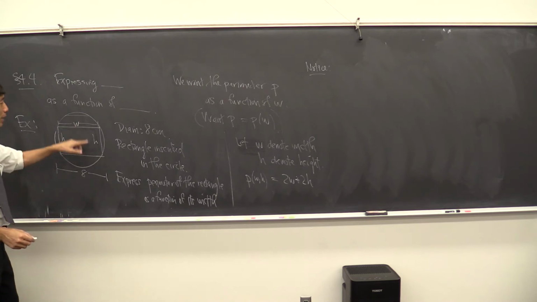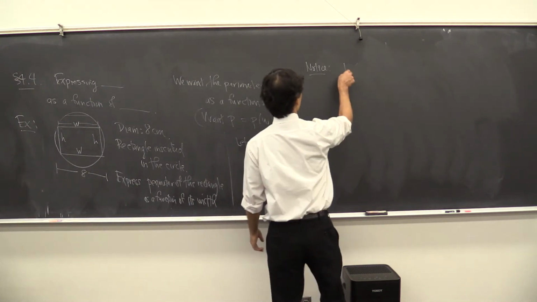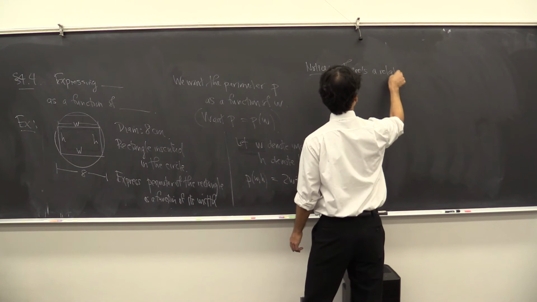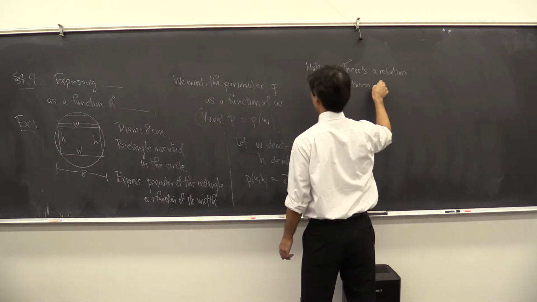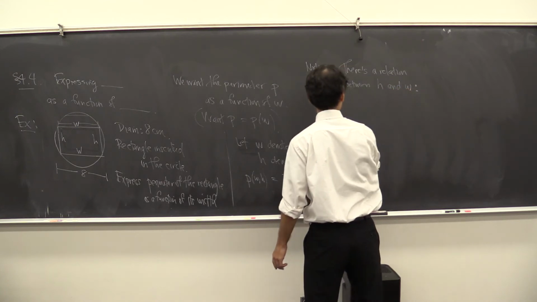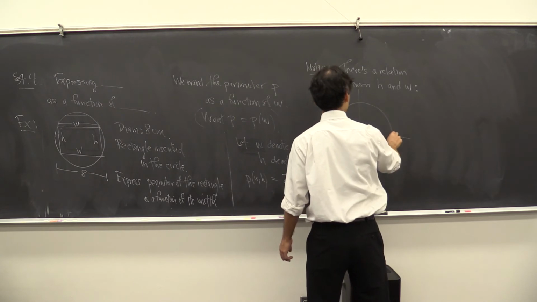So H is actually realizable in terms of W. So you notice that there's a relation between H and W. If I know what W is, I know what H is.